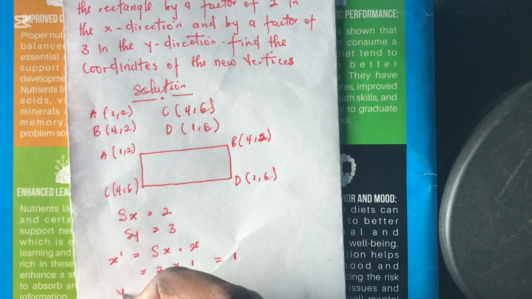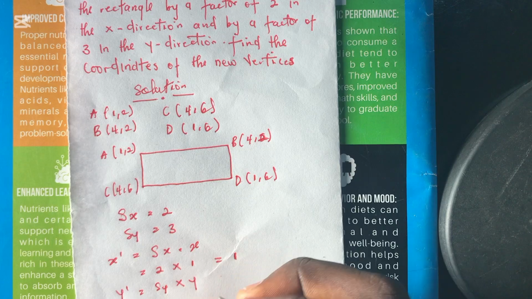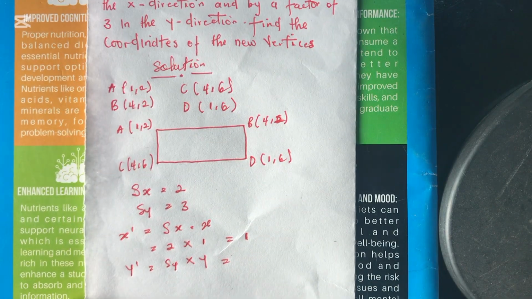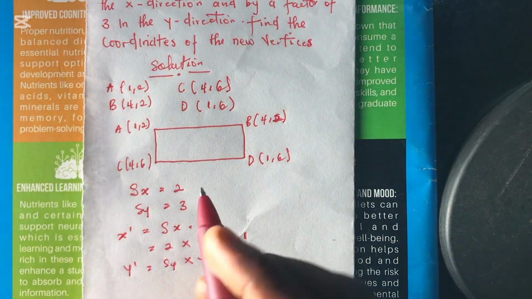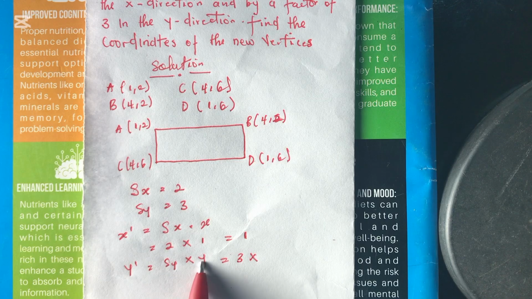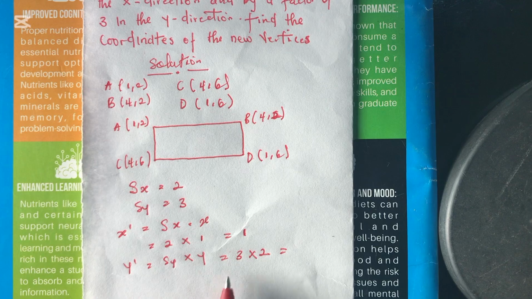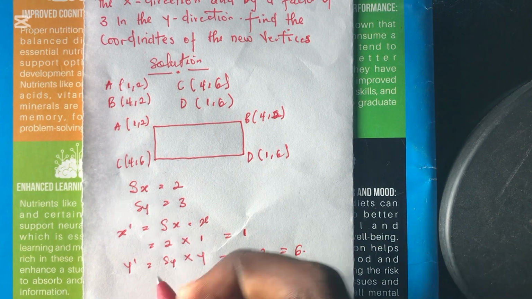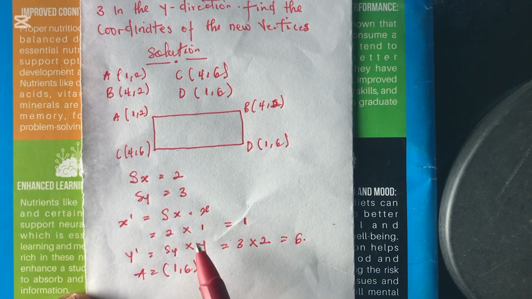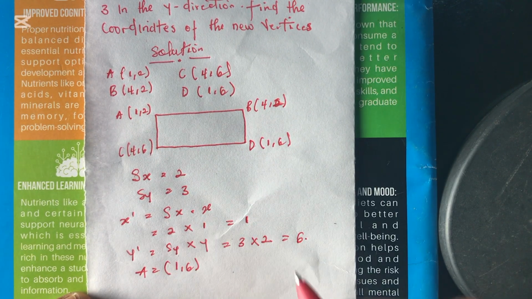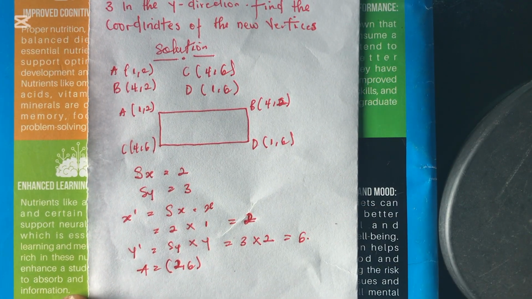Similarly for y prime, the scale factor of y, which is 3, multiplied by y, which is 2, is 3 times 2, that's 6. So the new coordinates of A are (2, 6).